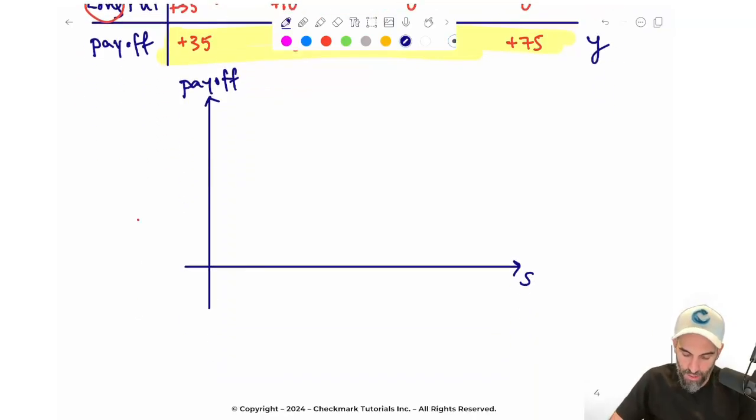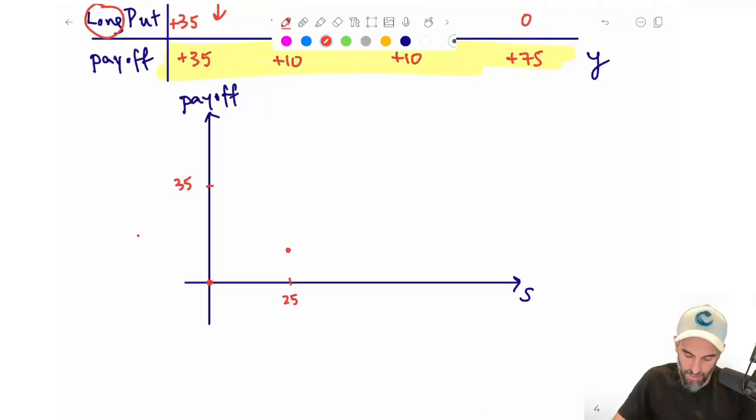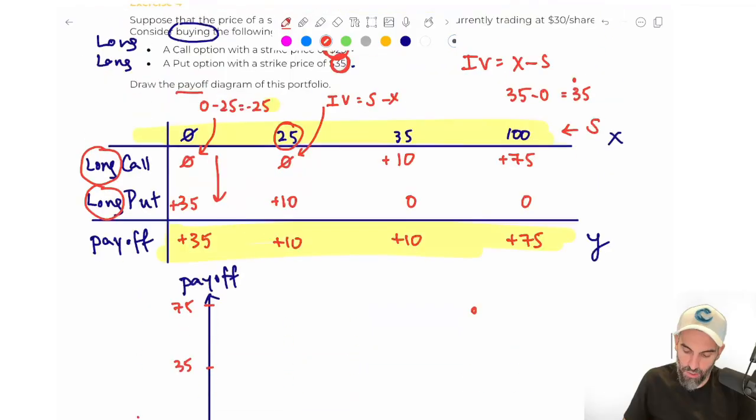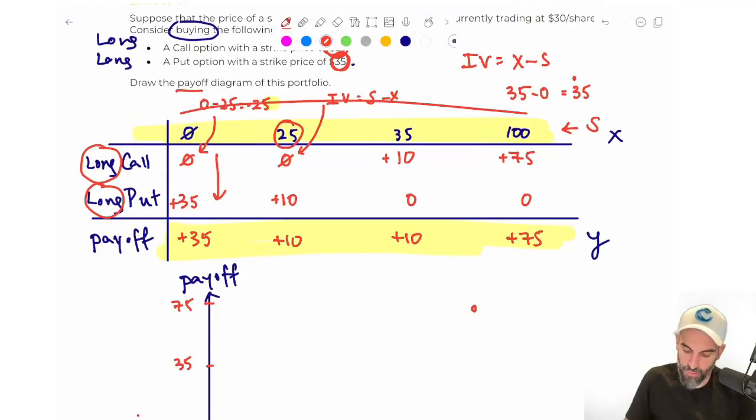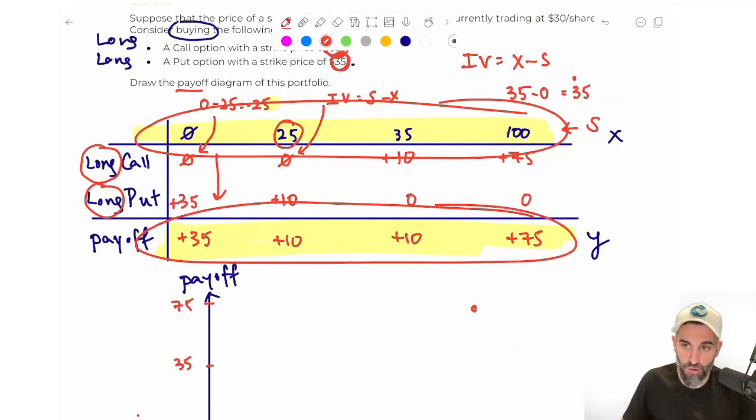So look, at 0, we were at 35. Then at $25, we were at a payoff of 10. At $35, we were also at a payoff of 10. And then at $100, we were at a payoff of 75. So you see, I used these as my x variables up here, and these as my y variables.